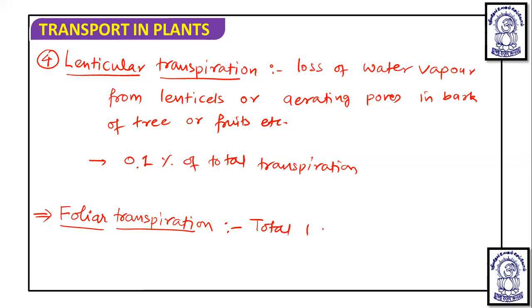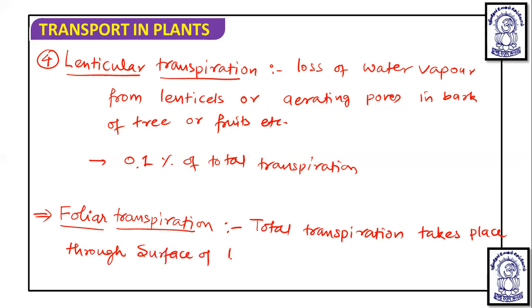Foliar transpiration is the total transpiration that takes place through the surface of leaves, that is, stomatal and cuticular.